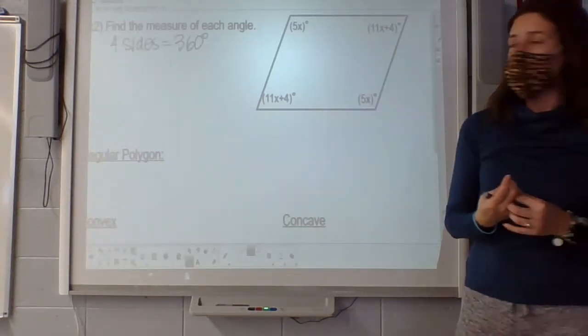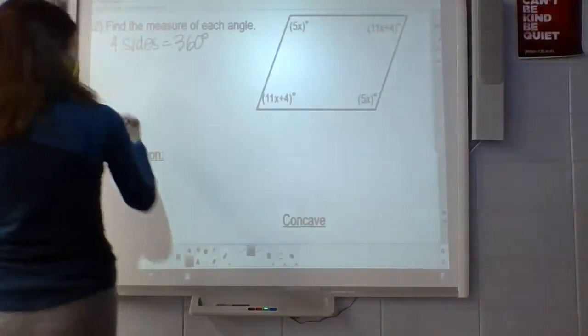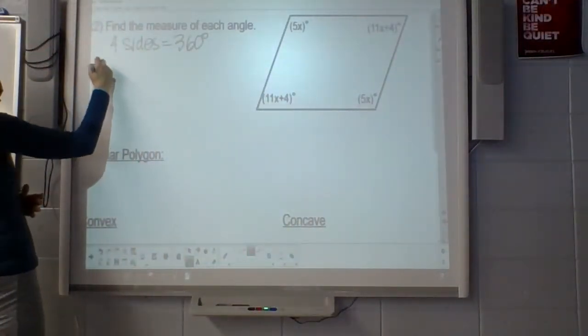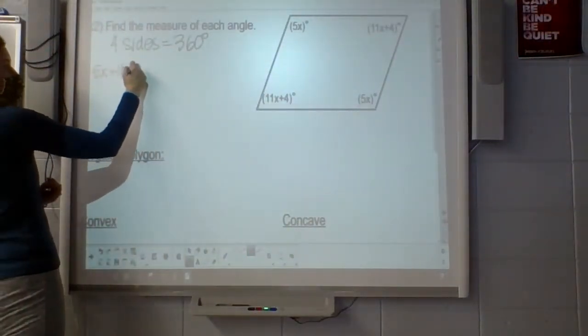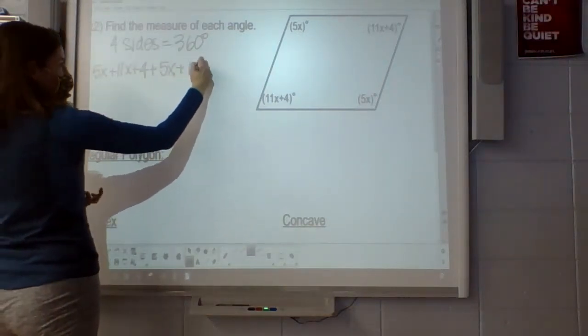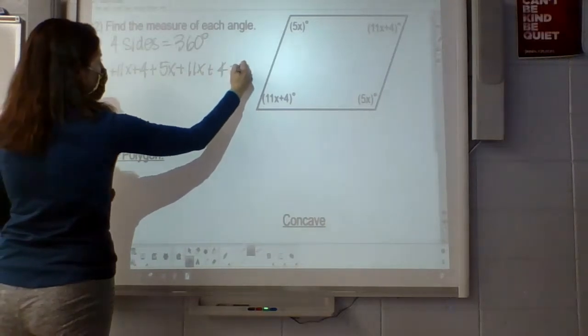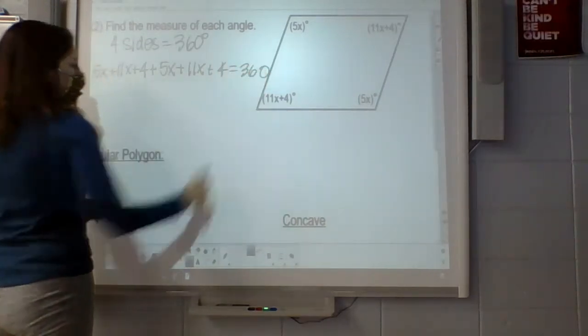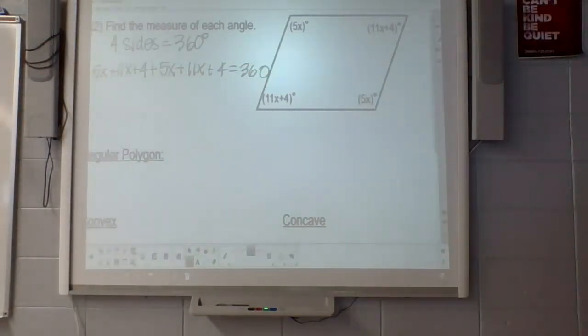That would also work. If you didn't notice that, you could add them all up and have them equal 360. Either way is fine, you'll get the same answer. I'm going to stick with the 360, even though it's longer, because this is probably what most of you would think, but the 180 does work if you only do two of them.